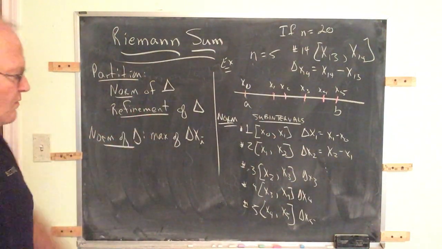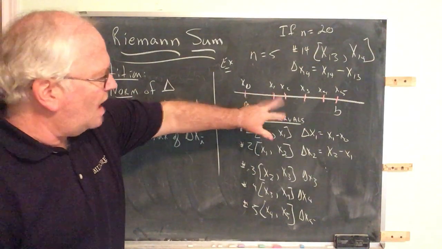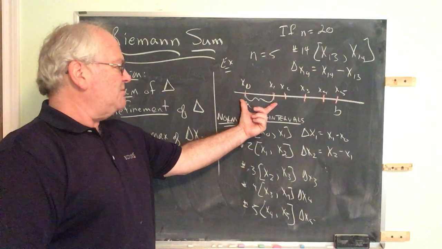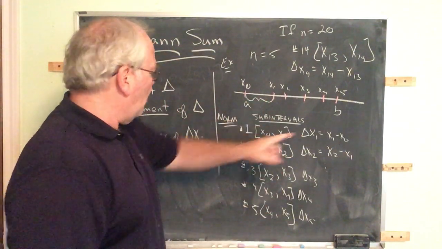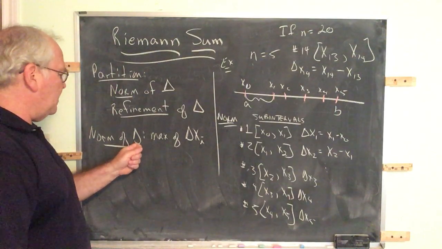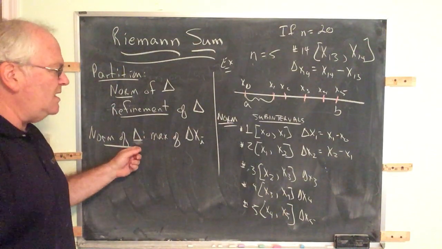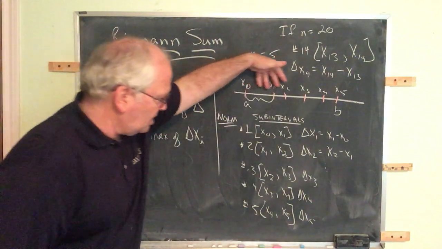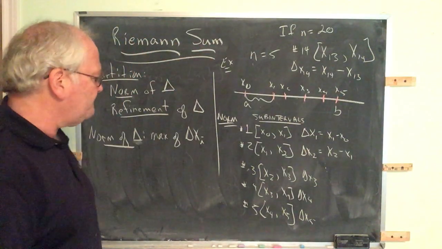That's fine. That's still whatever the maximum number is, that's the norm. In my not very well drawn picture here, it would appear that this is the maximum width. And so in this particular circumstance, it looks like the norm of the partition, the norm of delta, is given by delta x1. That's just coincidence because that's how I happen to have labeled this or chosen those points.